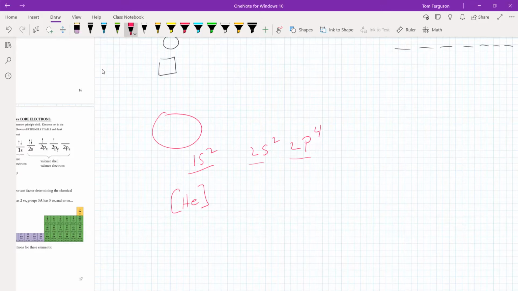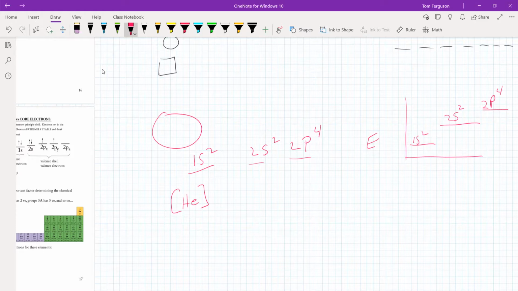Yeah, core electrons, right? If we're going to look at an energy diagram, remember the lower the energy, the more stable. We would put the 1s there, 2s there. As you mentioned, they're more stable. And then lastly would be the p's. And again, the lower the energy, the more stable.